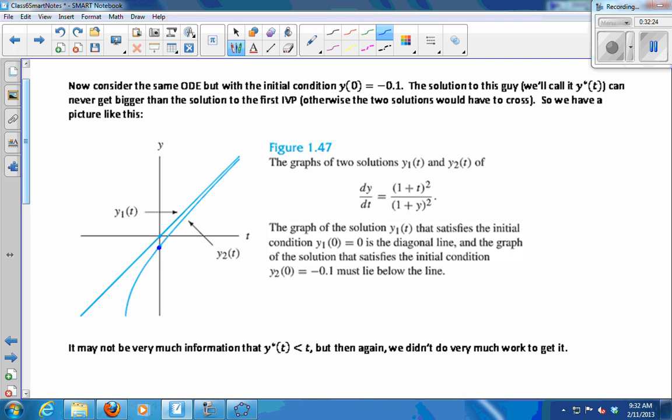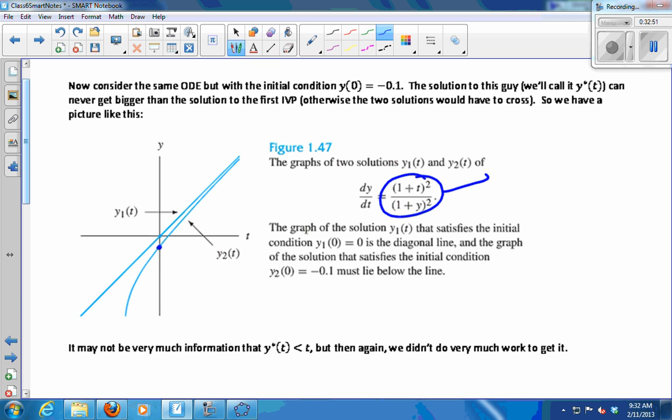Right here. We'll call this guy y star of t, the solution to this guy. The solution to it can never get bigger than y of t, than y equals t, because you can't cross solutions. So I happen to know that my slopes are always positive because I'm squaring stuff, squaring the numerator and squaring the denominator.